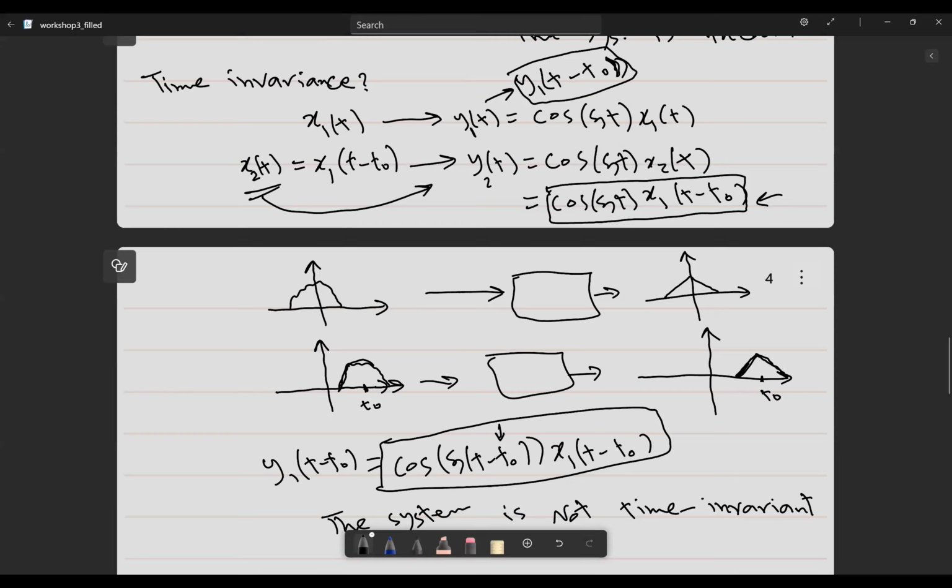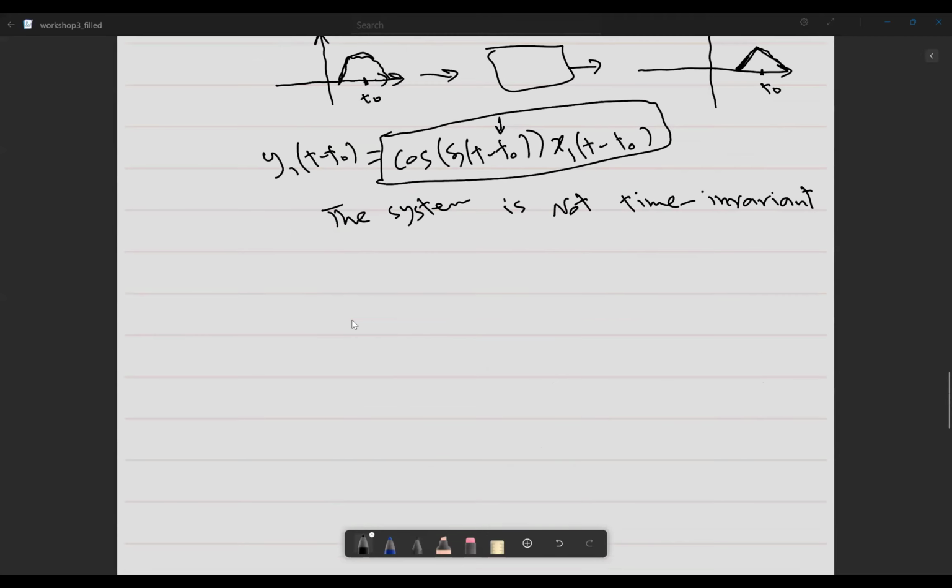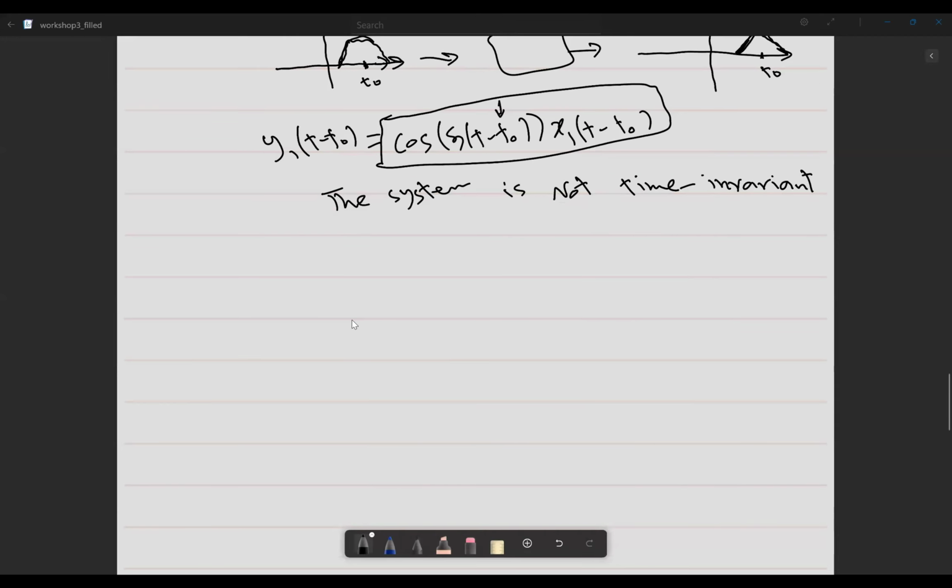Let's do one last example on the properties of the systems before moving to the convolutions. Let's do one discrete time. I think we are at example 3 now.